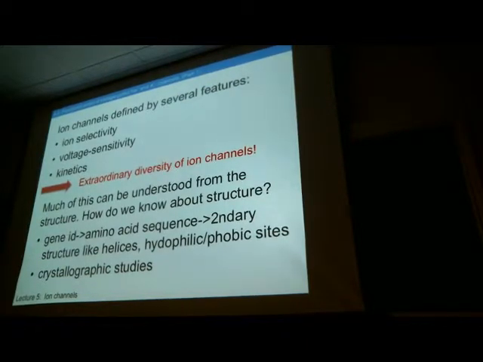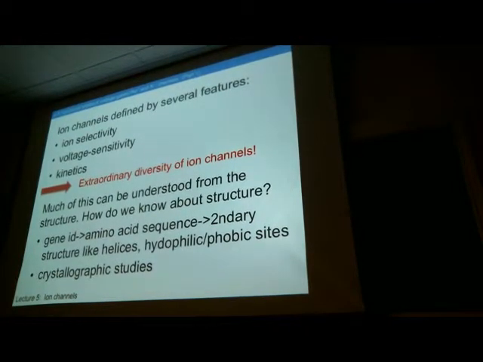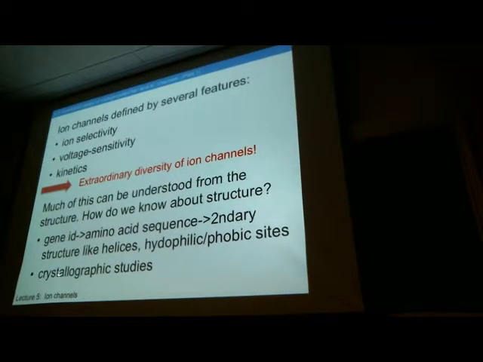And it's hard to come up with that just from the amino acid sequence itself, right? It's a hard problem. So you've got all of those degrees of freedom. Okay, so we really depended on crystallographic studies, X-ray crystallography, to understand a little bit more about these channels. And we'll come back to that in a little bit.